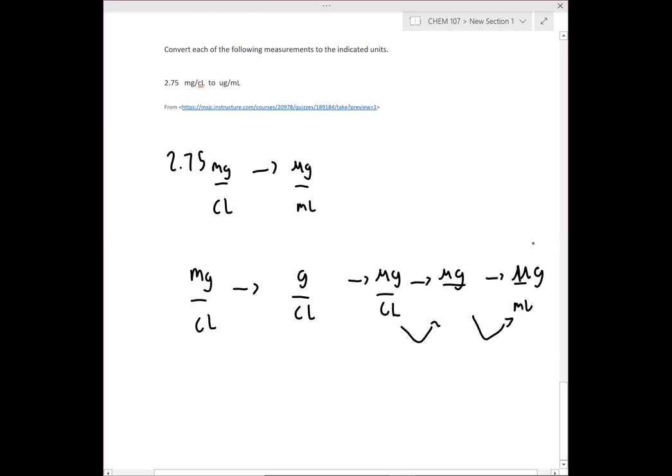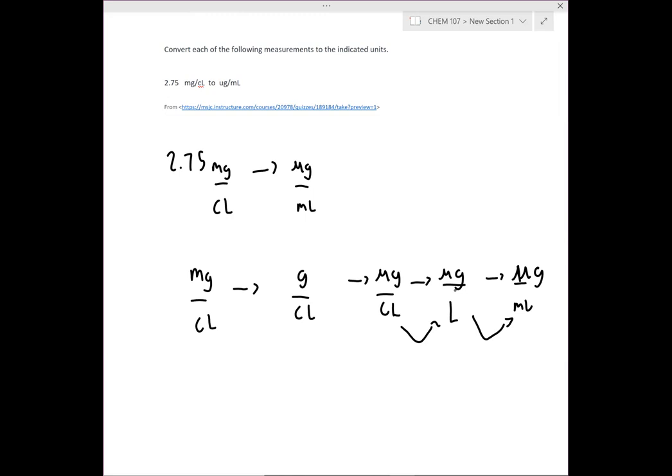Yes, this is number 42. What intermediate unit are we going to go through? Meter? Yep, exactly right. Perfect. We always go through our base unit.